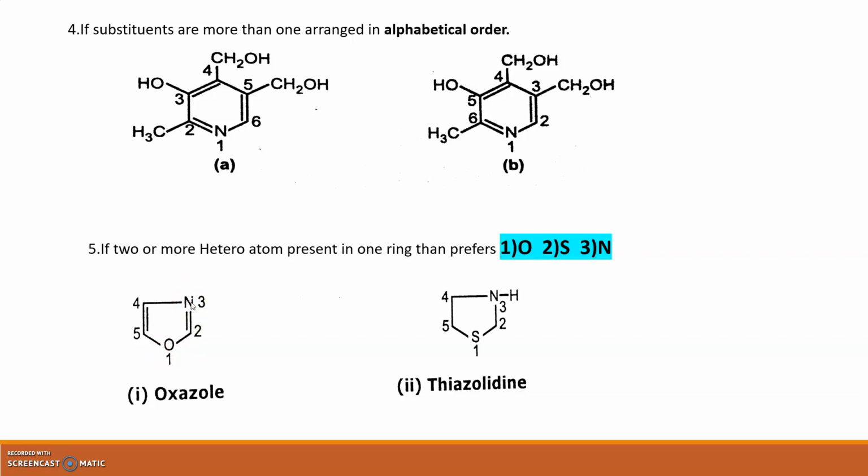Hence, whenever oxygen and nitrogen are present in the same ring, you give number 1 to the oxygen and then the nitrogen. This is another example: thiazolidine. There is a presence of sulfur and nitrogen. At that time, you give the first number to the sulfur atom. Means what? Whenever two heteroatoms are present, the first is oxygen, the second is sulfur, and number three is nitrogen.